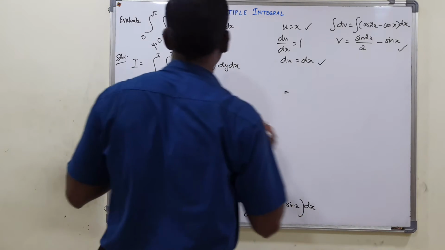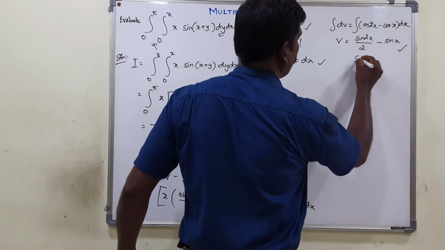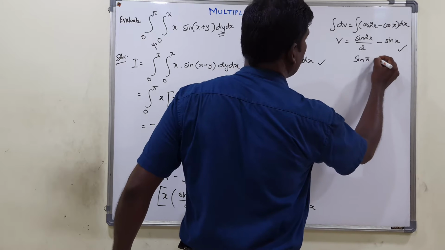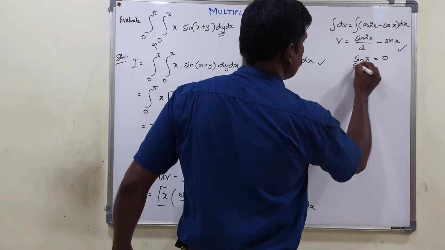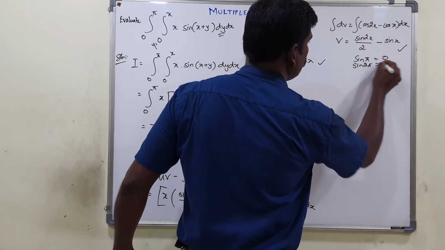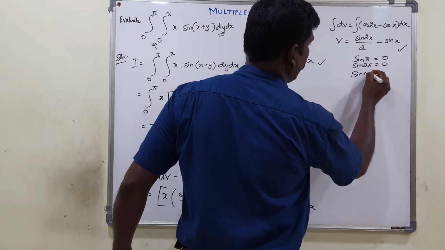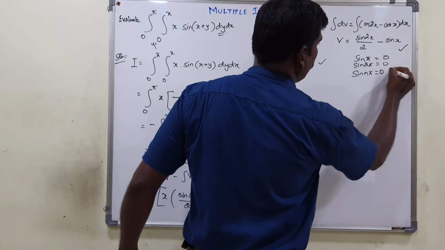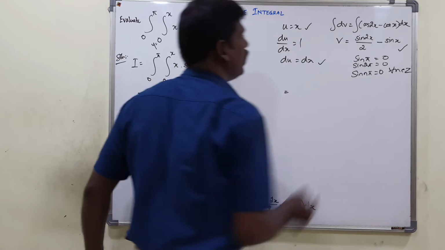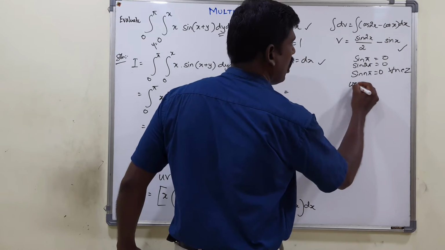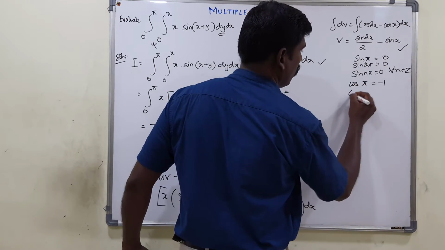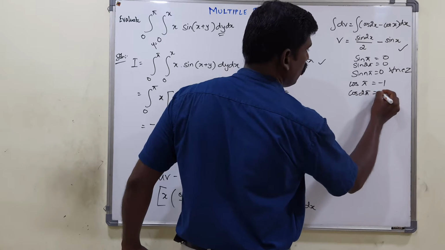We know that sin pi is 0, sin 2 pi is 0. In general, sin n pi equals 0 for every n belonging to Z; n should be an integer. Similarly, cos pi is equal to minus 1, cos 2 pi is equal to 1.